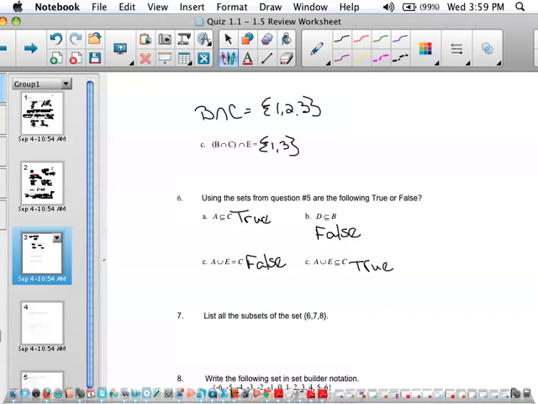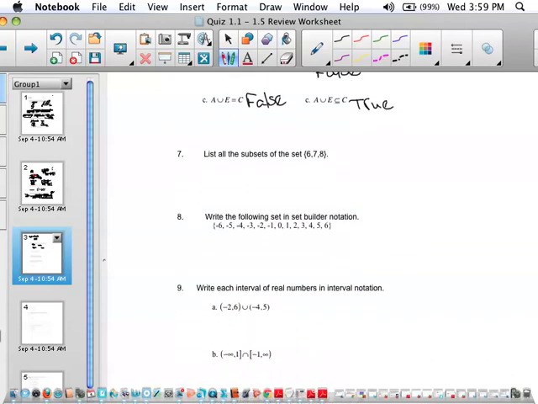Number 7 asks you to list all of the subsets of the set 6, 7, 8. So remember, all of the subsets means each element is a subset. So we have 6, 7, and 8.